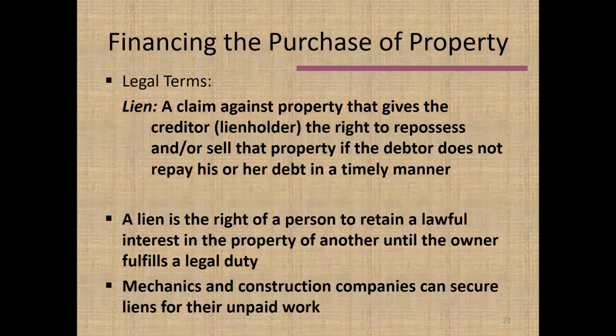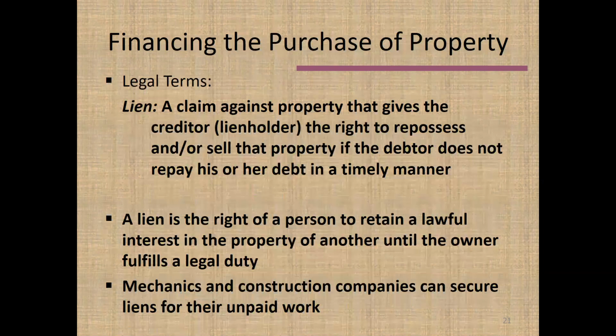So let's say that I am a mechanic who does a repair on your house. As a result of the repair, your house is now functioning. Your house is better than it was before. It's now a nicer place to live. You don't pay me. Well, that's a bummer for me. I want you to pay me.